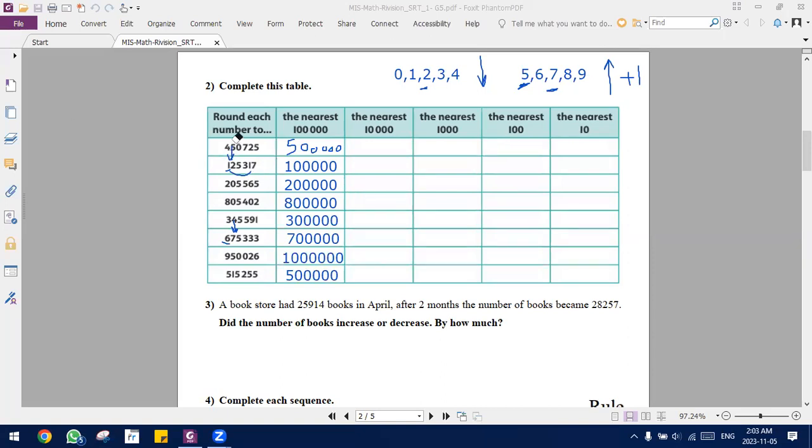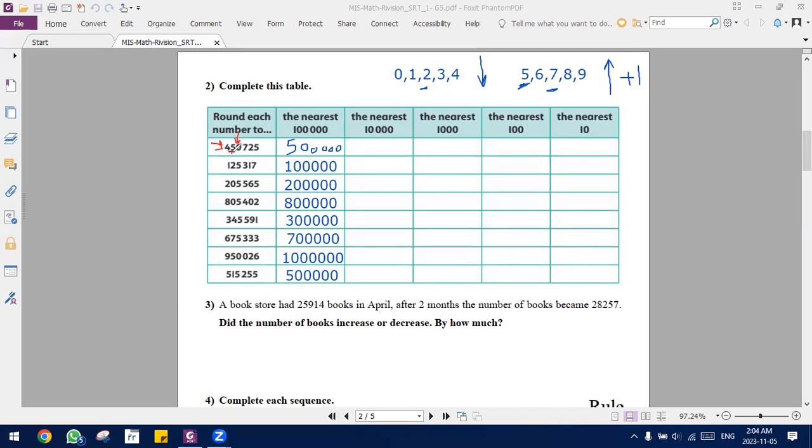Now for the next column we have round to the nearest 10,000. So let me do the first example and then we complete. So now we underline the 10,000, which is here 5. Now we check the number that's behind it, which is 0. 0 is round down. Okay, but now what about that 4 here at the beginning? Should I write it in the answer or not? Yes, of course, we should write all the values till I reach the underlined one.